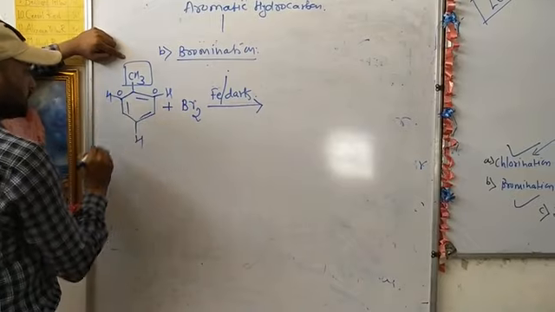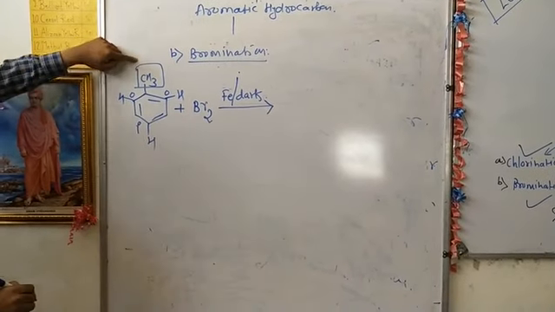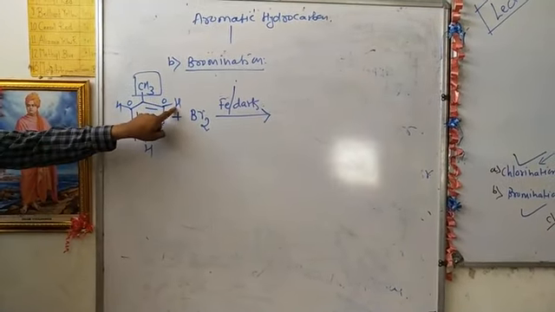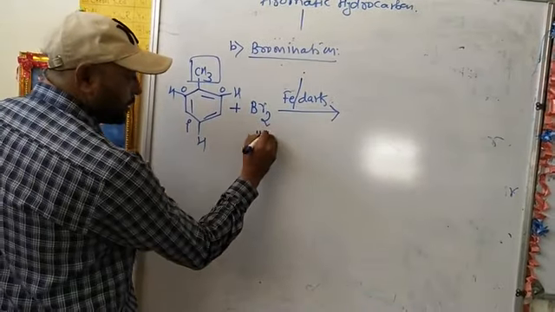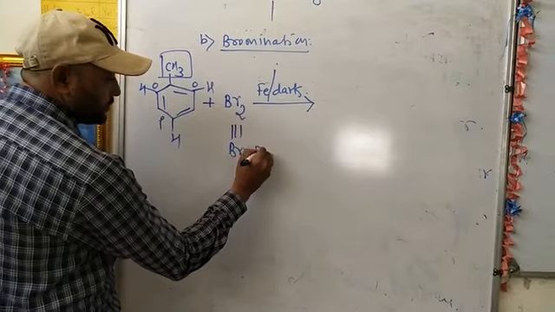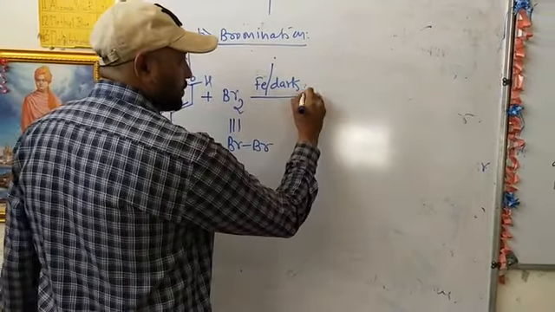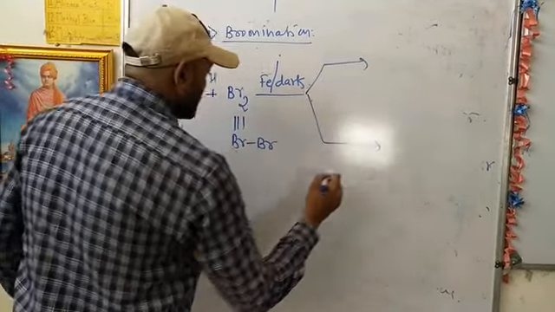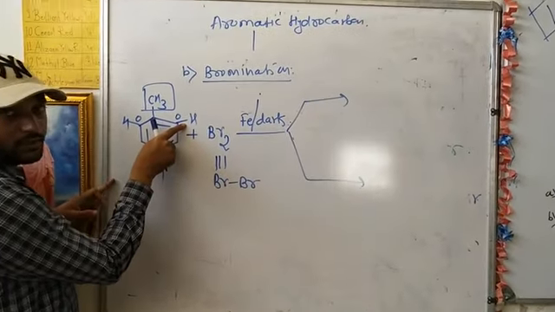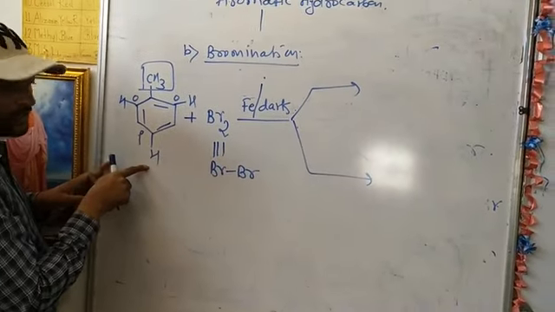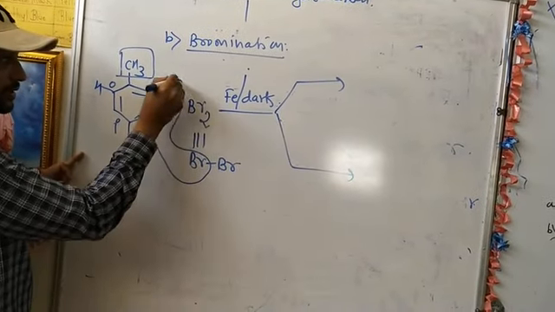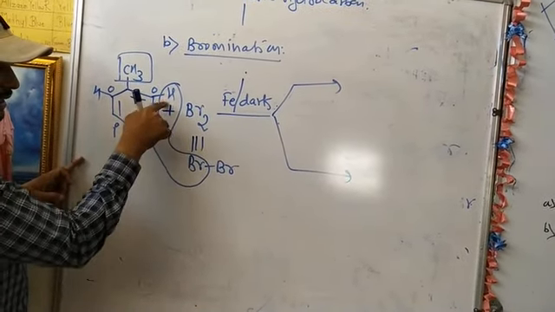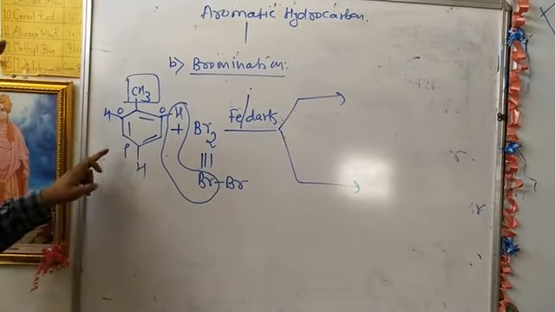This is the ortho position and this is the para position. So substitution occurs either at the ortho position or the para position, just like chlorination. So we have two products. First we replace this ortho hydrogen, since it is ortho and para directing. Hydrogen is replaced by bromine, forming HBr, and this bromine is substituted at the ortho position.